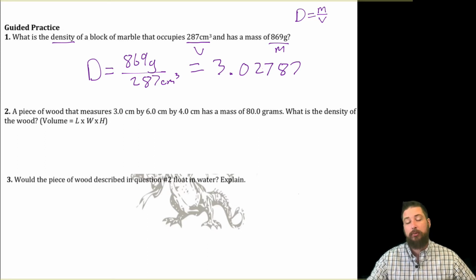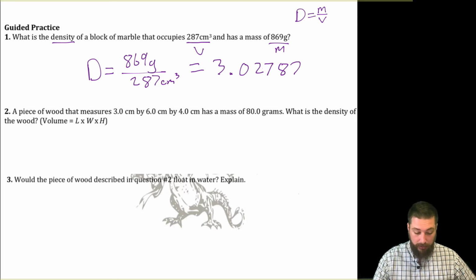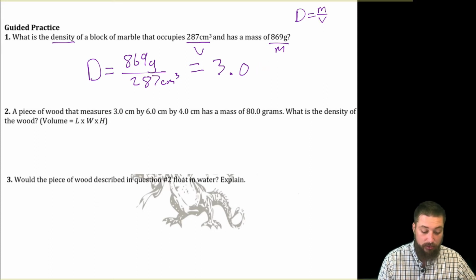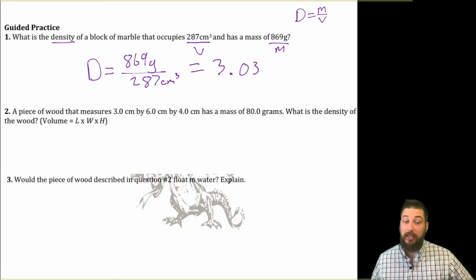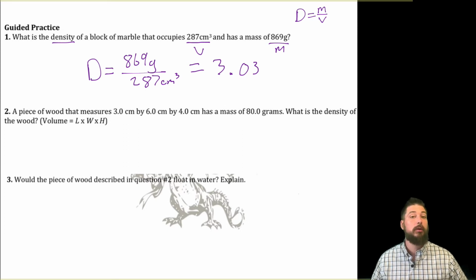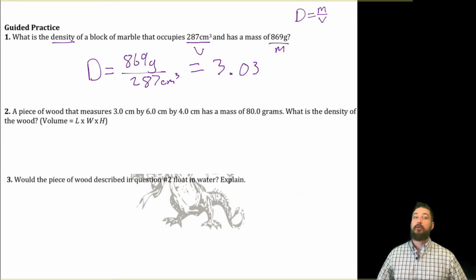So how do we make this 3 significant figures? Well, we get rid of this last part here, but what does this 7 do to the 2? The 7 makes the 2 round up, and we're left with 3.03. And that's the correct number to record using significant figures. But what else is wrong with it? It doesn't have units.